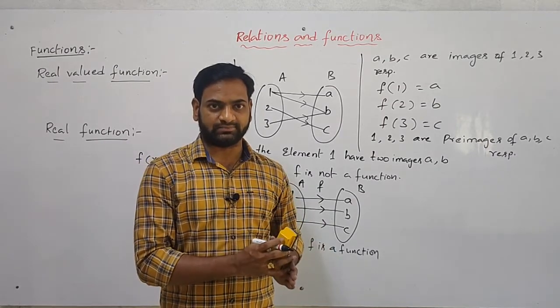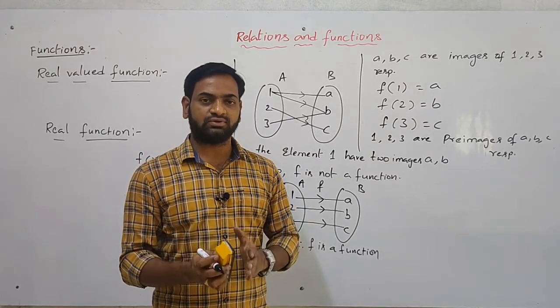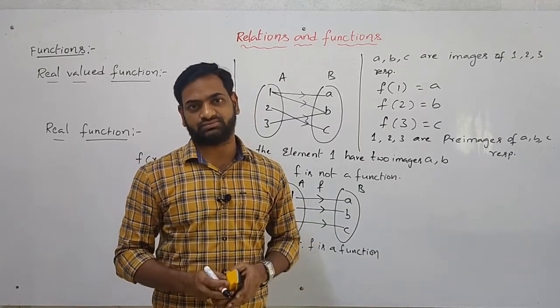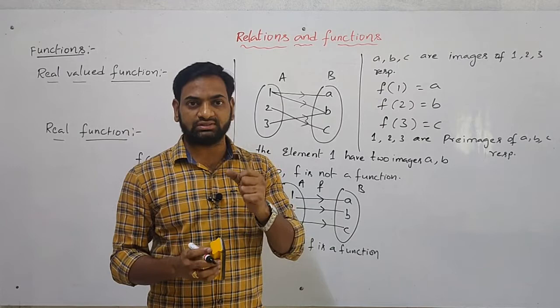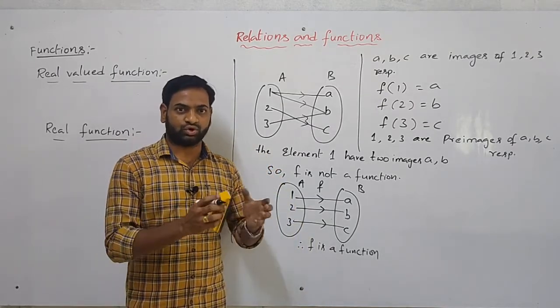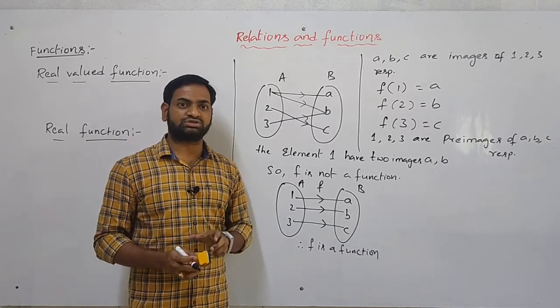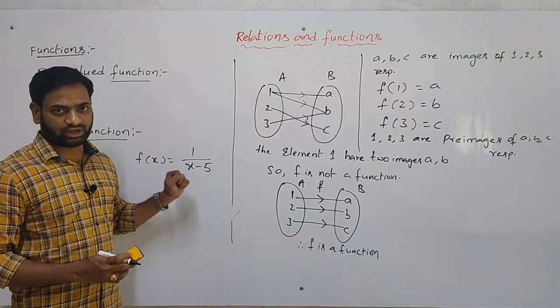That is the domain. And the range is the set of second elements which are in the relation. In the relation you know how to find, but in the function how to find the domain? It is most important for competitive level.